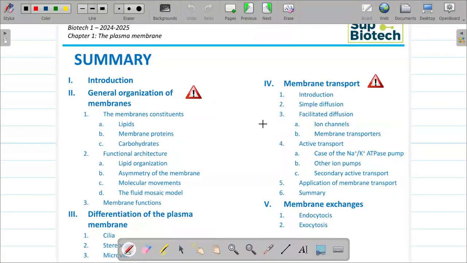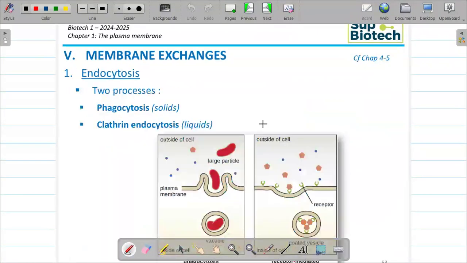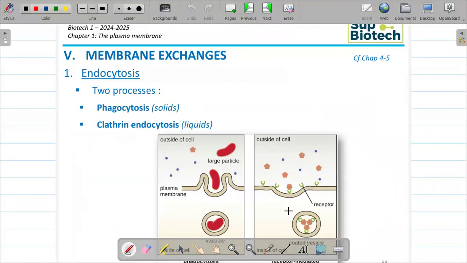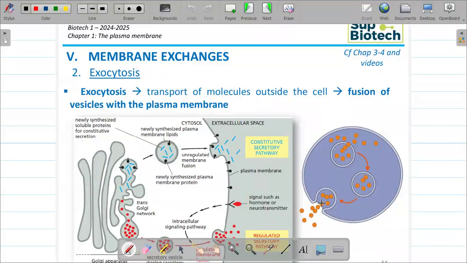Endocytosis and exocytosis is a very big topic, though I'm giving it in a simple way now. Next class I'll discuss in depth with you. Endocytosis is a mechanism where a foreign particle is taken in. Exocytosis is a mechanism where the foreign or digestive particles are thrown out.